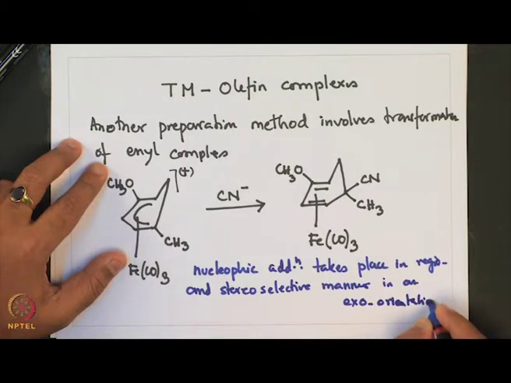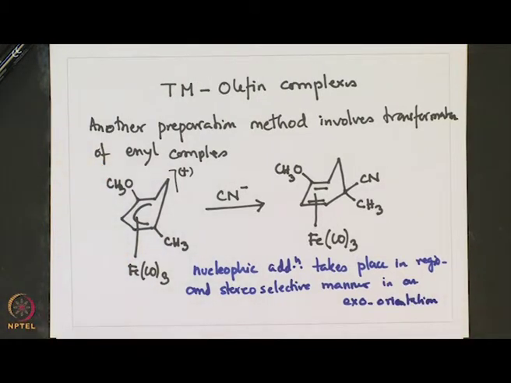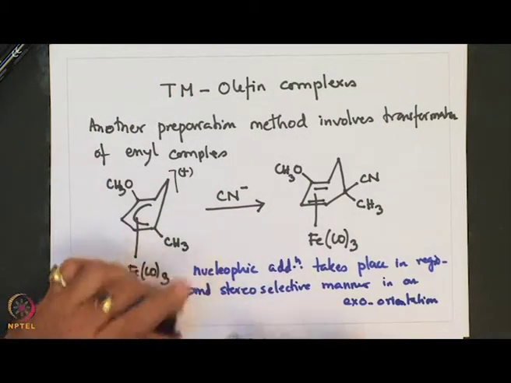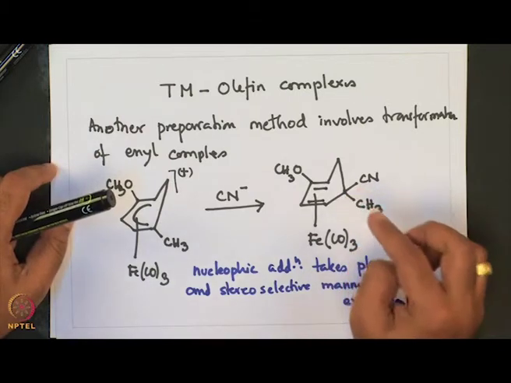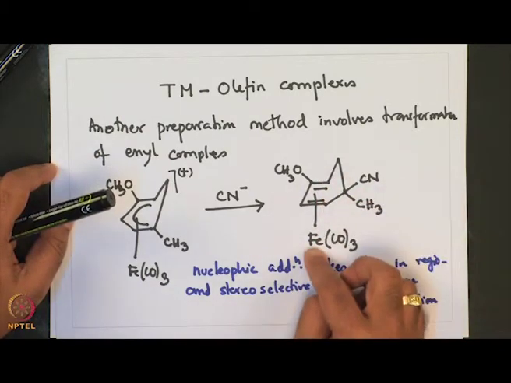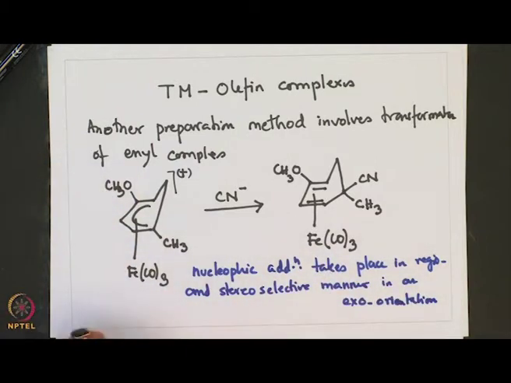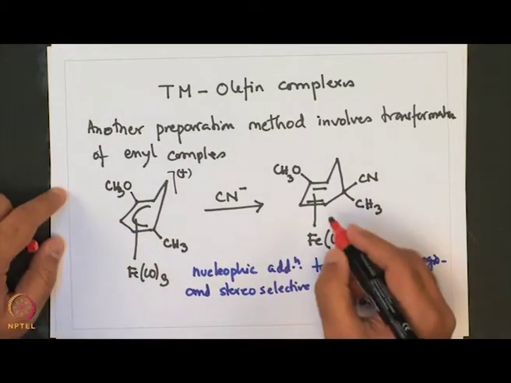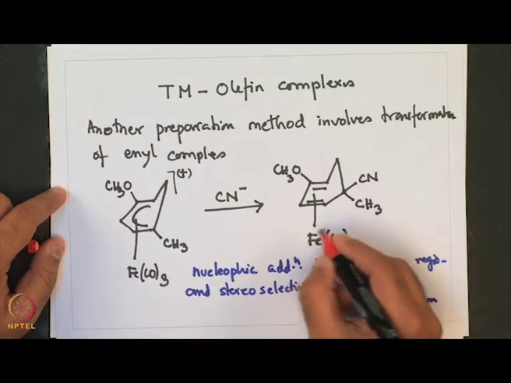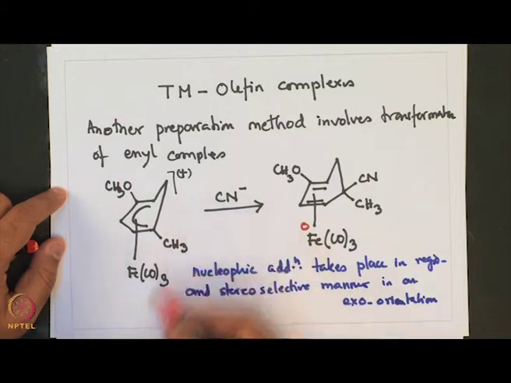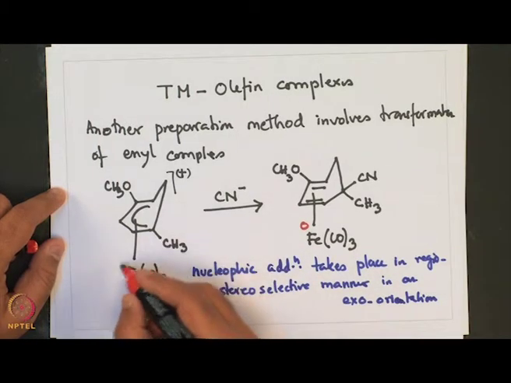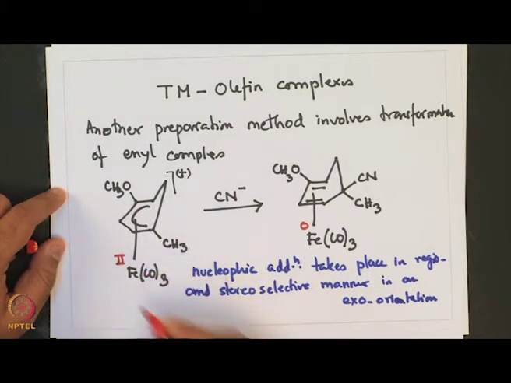As a result, what happens is that the cyanide is formed on the outside of the ring and a diolefinic compound is formed bound to the metal. So, because of this nucleophilic attack, the metal then gets reduced to 0 oxidation state, as opposed to this 18 electron cationic complex, which was plus 2 oxidation state.